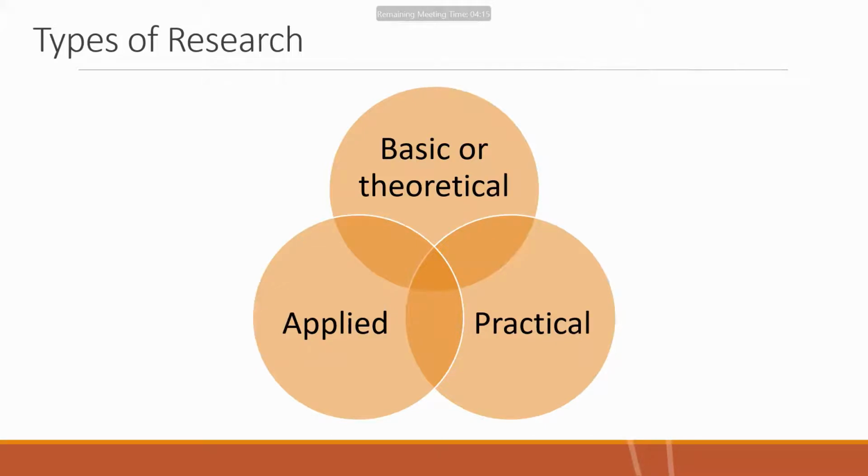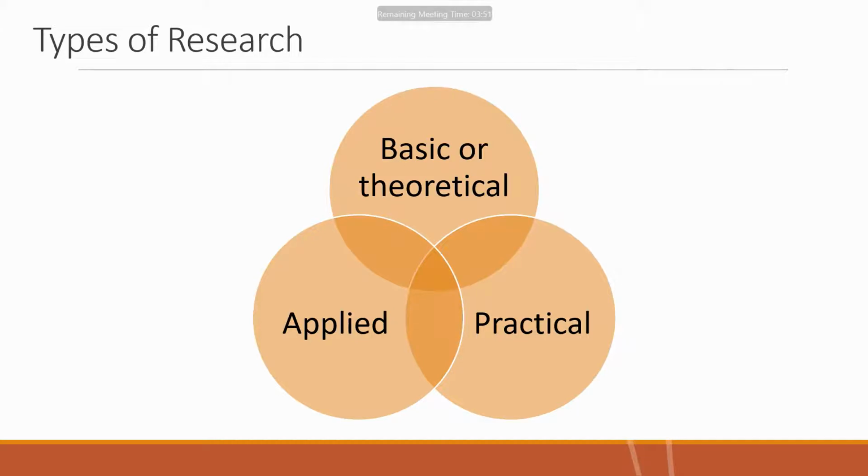And you can see the intersection between the three types of research, because sometimes you can see both aspects, like basic and applied research, or even all three of them. So sometimes it's not easy to separate completely.